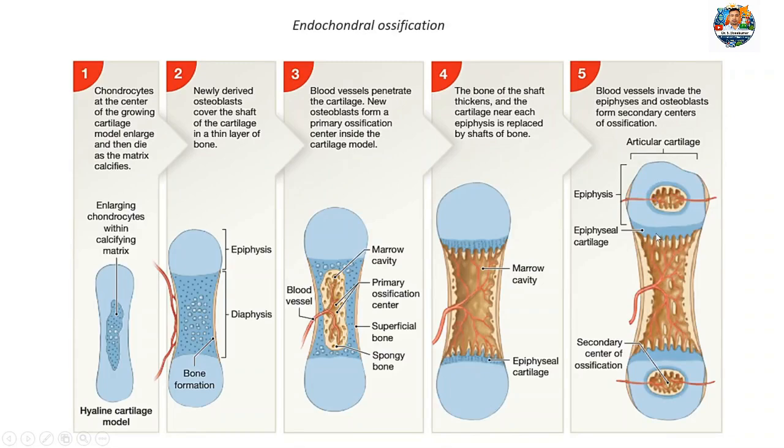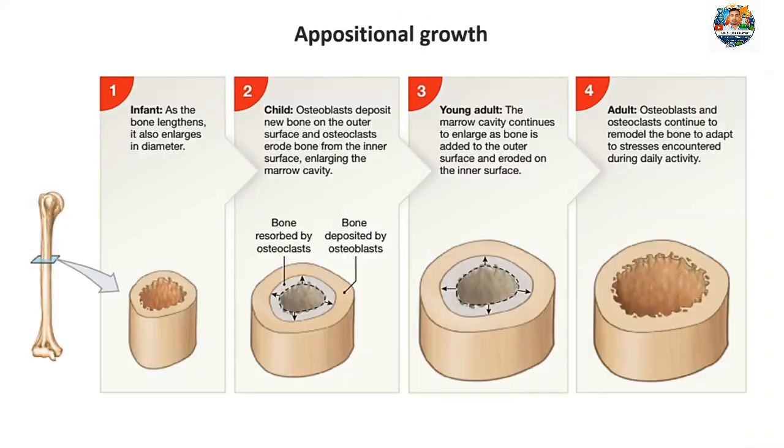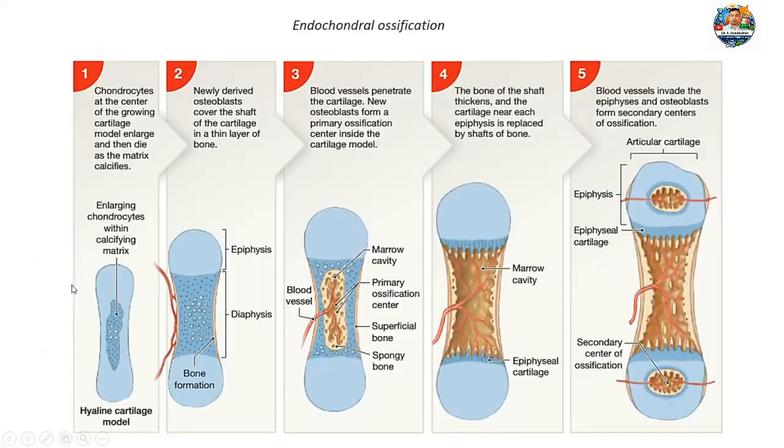The epiphyseal cartilage will also proliferate, and at the same time there will be formation of new bone material by the osteoblasts. Here, the new bone formation leads to the increase in the length of the bone.